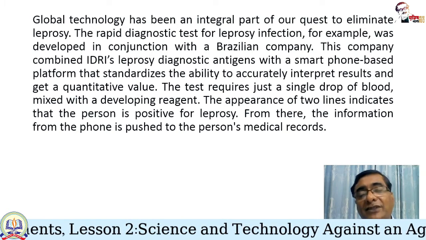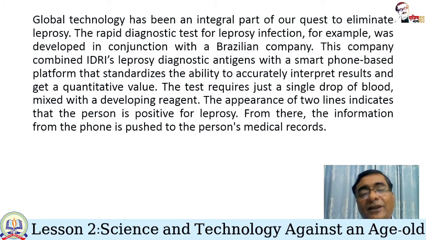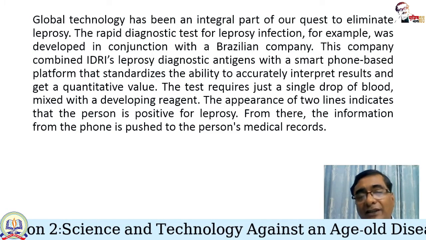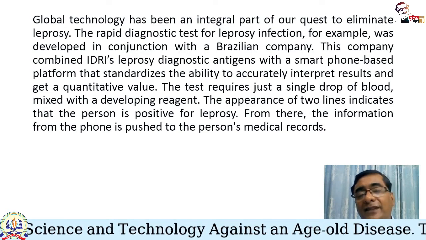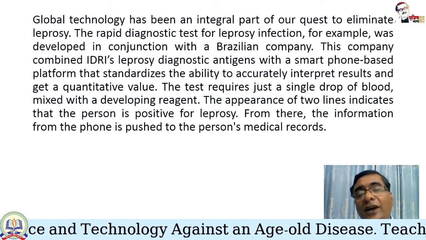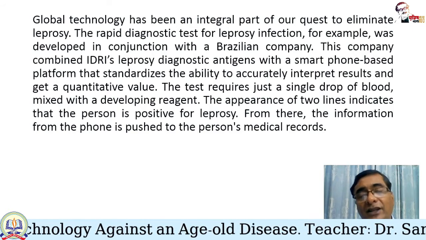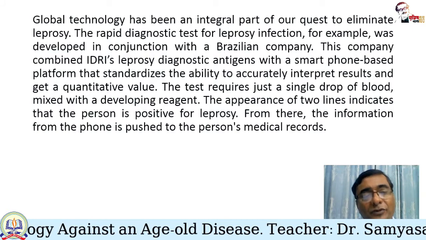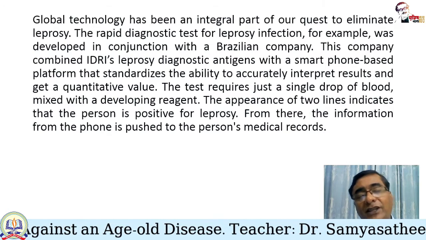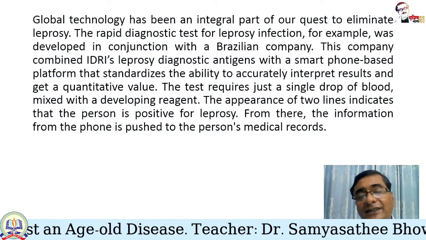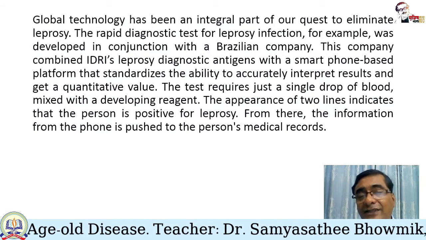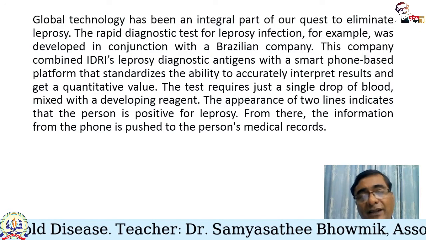So when they're using the kit, if there are two lines, then the person is suffering from leprosy. From there, the information from the phone is pushed to the person's medical records. So from the smartphone technology, the result is directly sent to the medical records of that person.